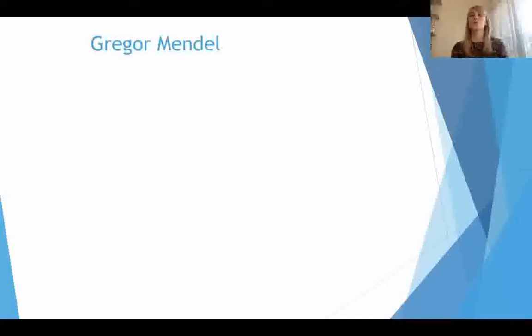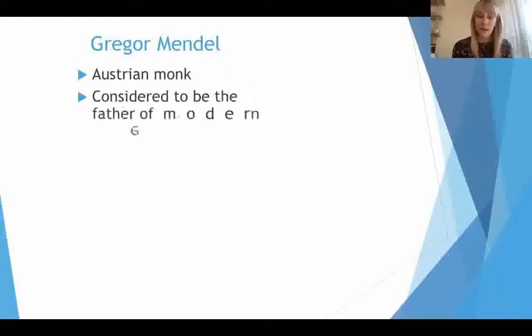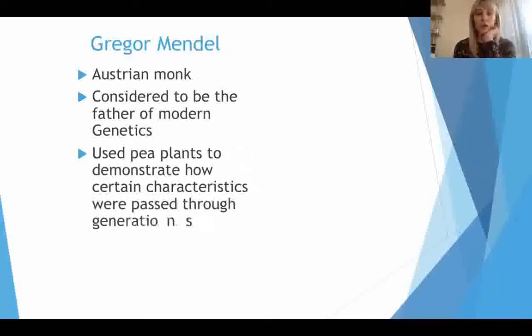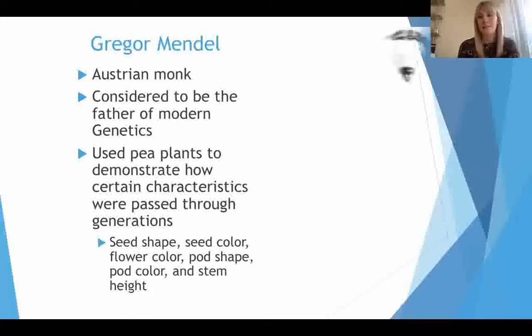Then we get to the father of genetics, Gregor Mendel. He was an Austrian monk, and he's considered to be the father of modern genetics. He started everything. He used pea plants to demonstrate how certain characteristics were passed through generations. He used the different variations in pea plants for his experiments: seed shape, seed color, flower color, pod shape, pod color, and stem height.